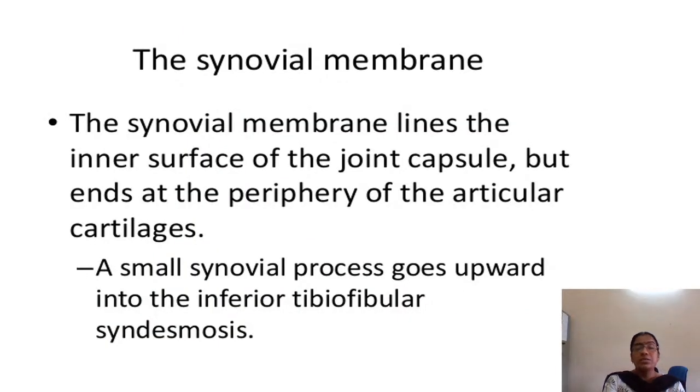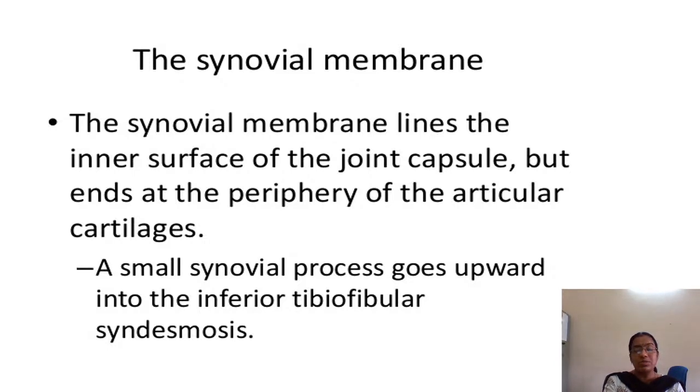As we have said, for any joint, on the inner side of the fibrous capsule, for free movement, there is a lining membrane called the synovial membrane. The synovial membrane lines the inner surface of the fibrous capsule, but it ceases, that is, it stops at the periphery of the articular cartilages. At the periphery there is no lining of synovial membrane.